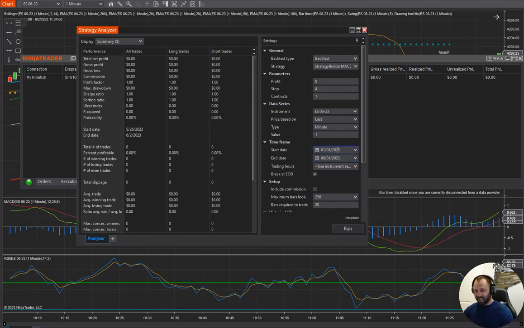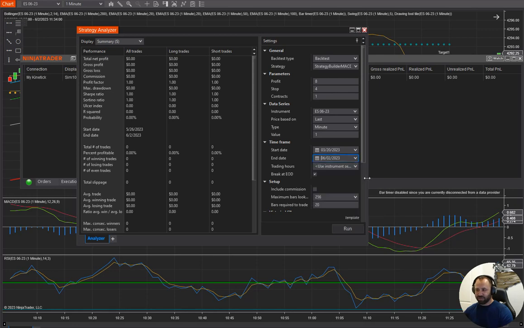So for the start date, let's just select March 20th. And so if you noticed, March 3rd, 10th, 17th, this is the 3rd Friday of the month. So this is the date that the March contracts expired. And so we're going to select the first day of basically the new contracts.